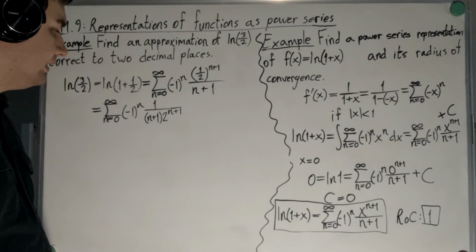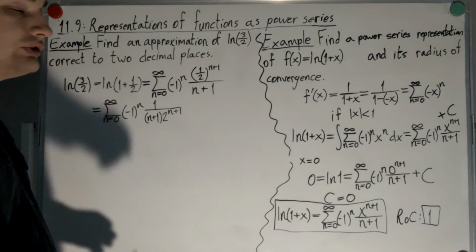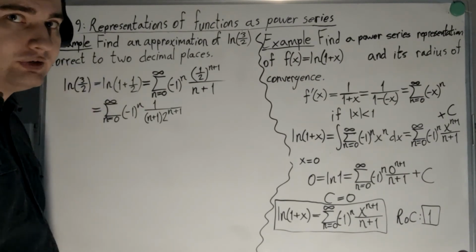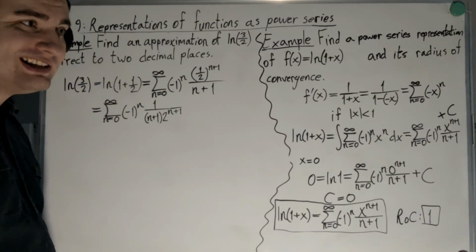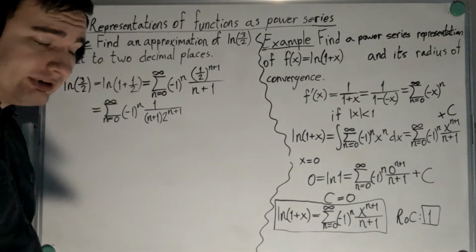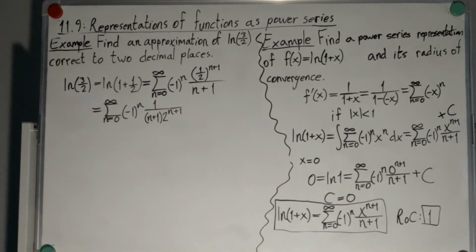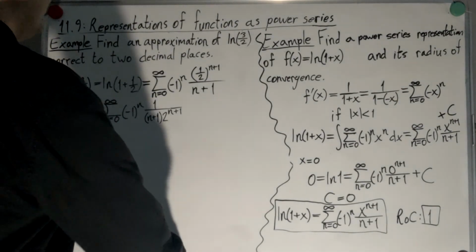That means that if we want to come up with an approximation that's correct to 2 decimal places, all we need to do is make the error less than 0.01. Here's how we're going to do this, a little bit of a review of what we did earlier in alternating series.